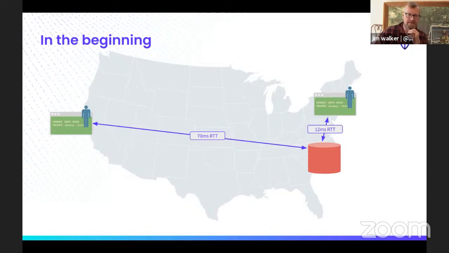But if you think about this as a 70 millisecond round trip time, what if I'm doing multiple different things from the application to the database? This could quickly accelerate to 300 milliseconds, or, God forbid, a whole second back and forth. So the speed of light actually becomes a really big thing, because we're having lots of different transactions.